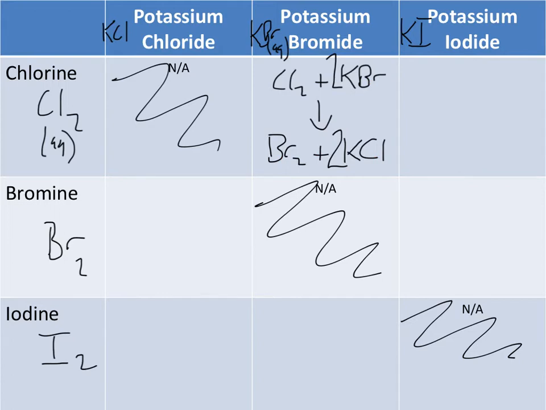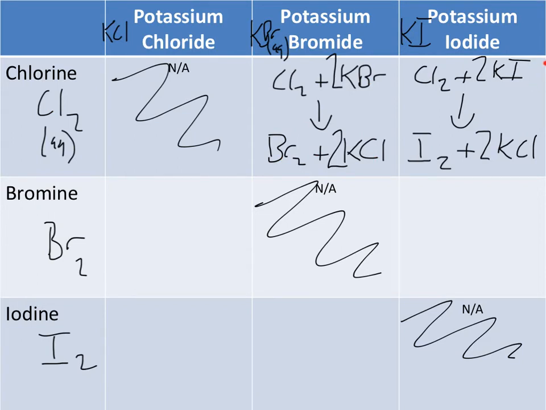Now let's see if chlorine has the ability to displace the iodide, forming iodine. And it does, because chlorine is more reactive than iodine, so it displaces it. So you'll get a very similar reaction occurring. And you might already be thinking, what would I see if I actually did that reaction? Well, here we've got chlorine, which would be a colourless solution.